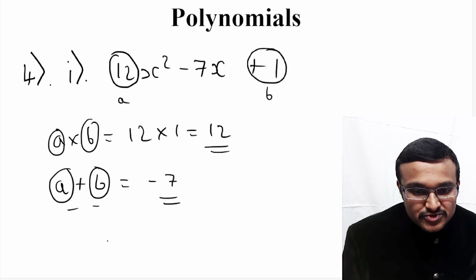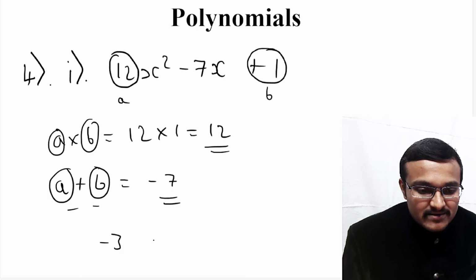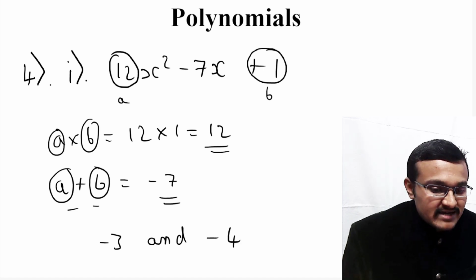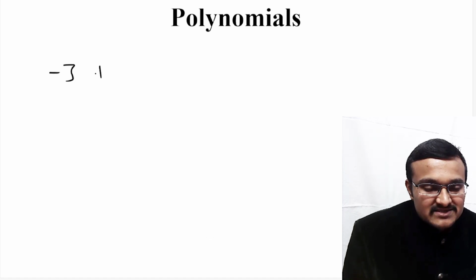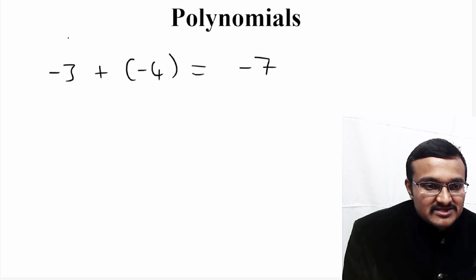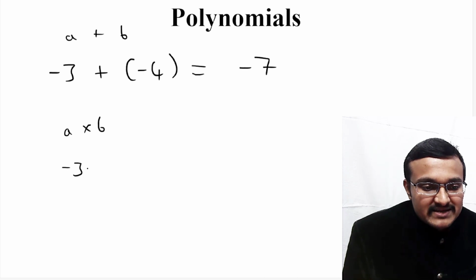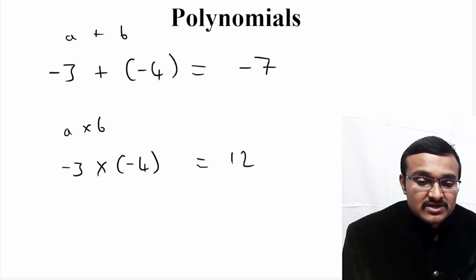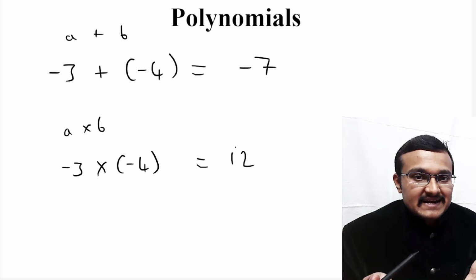In order to do that, you can take minus 3 and minus 4, because minus 3 plus minus 4 is nothing but minus 7. That means here you are doing a plus b. Similarly, when you do a into b, that is minus 3 into minus 4. 4 into 3 is 12, minus into minus is plus, so plus 12. So here we are getting exactly what we want.